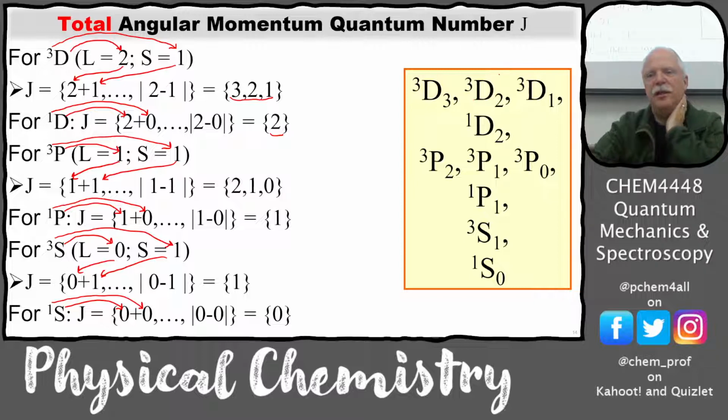Here's the thing that you can kind of check your work on. What is the L for D? SPD, 2, okay? Notice how these 3 levels are centered on 2. So it's up 1, 0, and down 1.